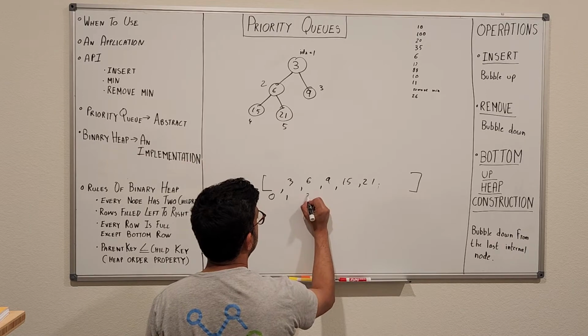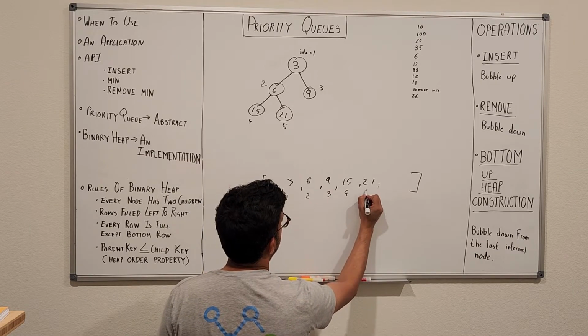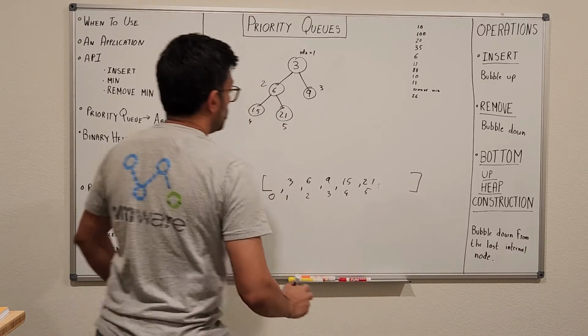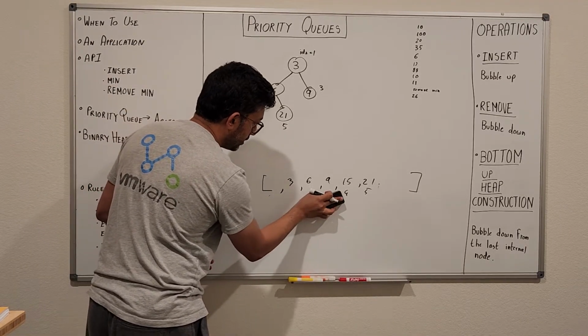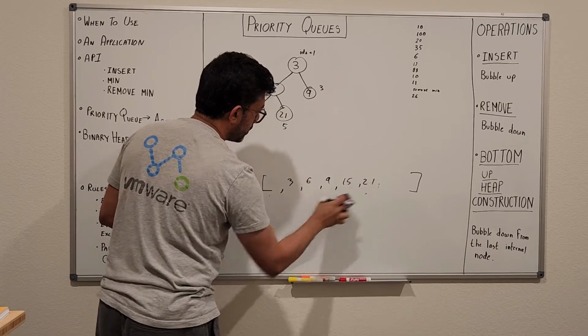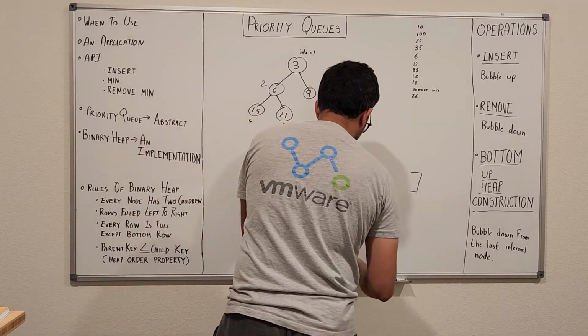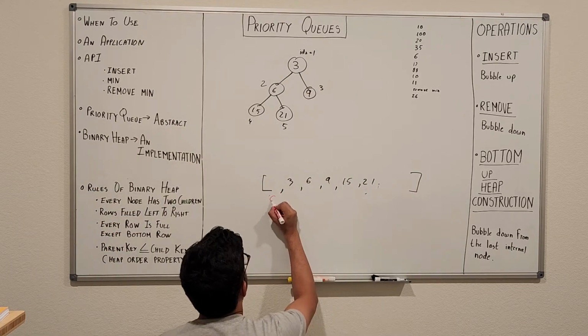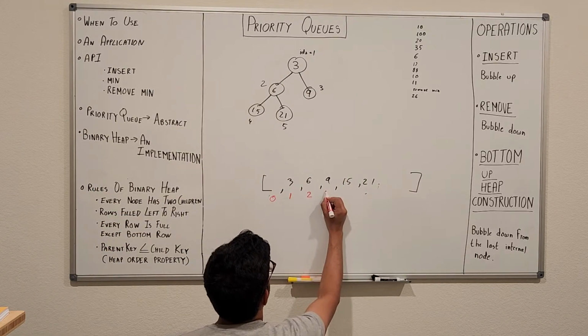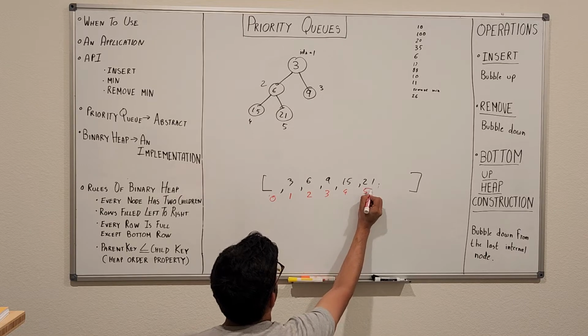So this is 1, 2, 3, 4, 5. Sorry, let me put the index in a different color so that it will be easier to understand. So the red color is the index 0, 1, 2, 3, 4, 5.